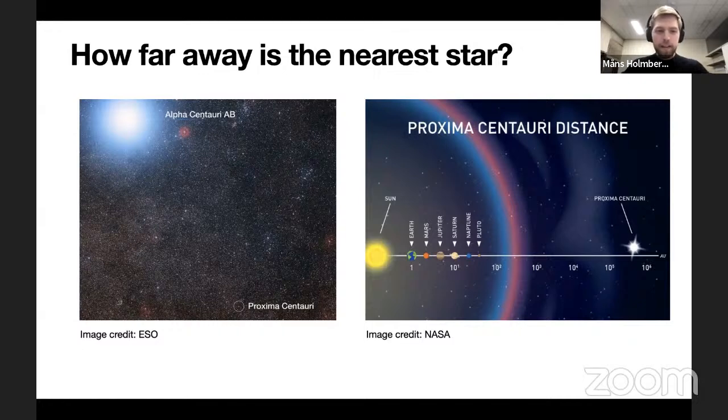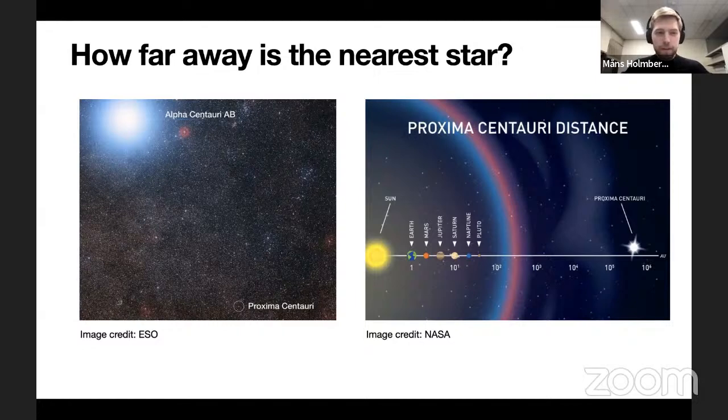That is a very long distance away. So if we compare that to the planets, say Earth, if we call the distance from the sun to the Earth 1 unit or 1 astronomical unit, then the distance to Proxima Centauri would almost be 1 million of those units. So it's fairly far away.